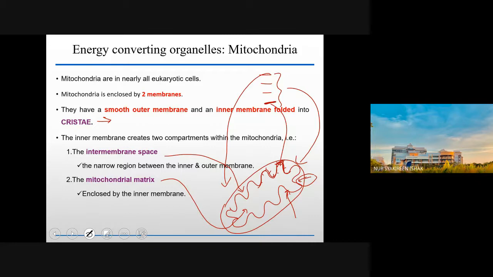So when the question asks you to label, you point out specifically the location of the structure that you want to label. In this case, it is the cristae, so point exactly at the cristae. Do not go too far either, because then it becomes the mitochondrial matrix. So be careful. Do not make silly mistakes like that.